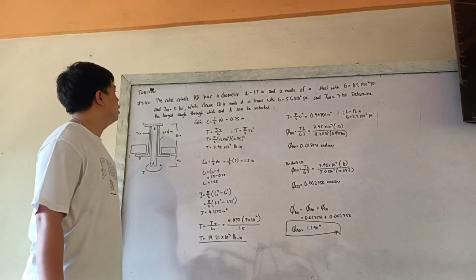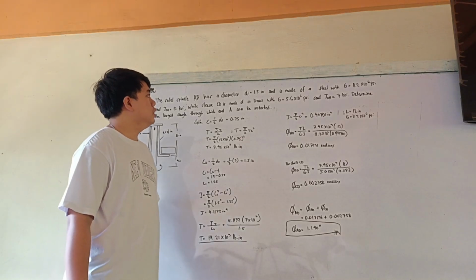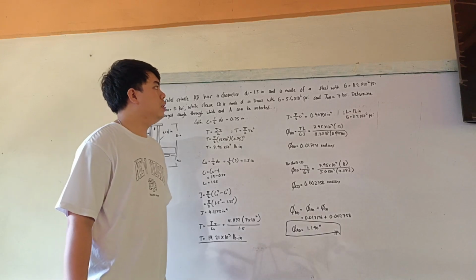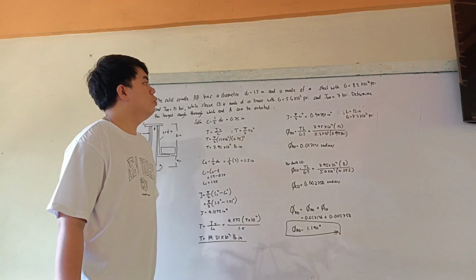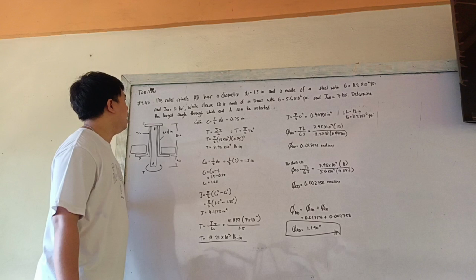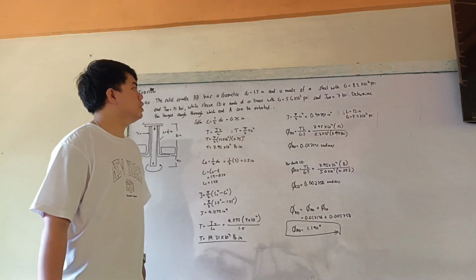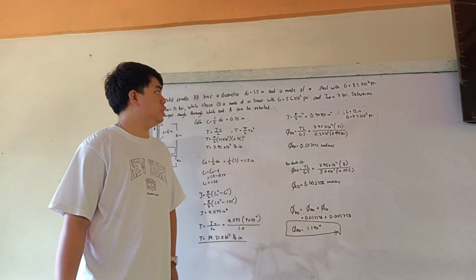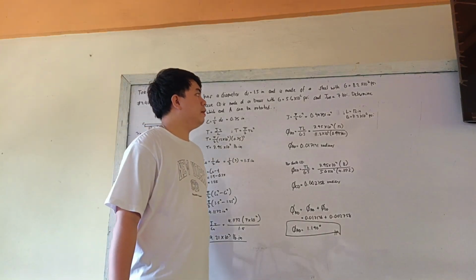Problem 3.40. The solid spindle AB has a diameter ds of 1.5 inches and is made of a steel with G equal to 11.2 times 10 to the power of 6 psi and the allowable stress is 12 psi, while sleeve CD is made up of glass with G equal to 5.6 times 10 to the power of 6 psi and allowable stress is 7 psi.